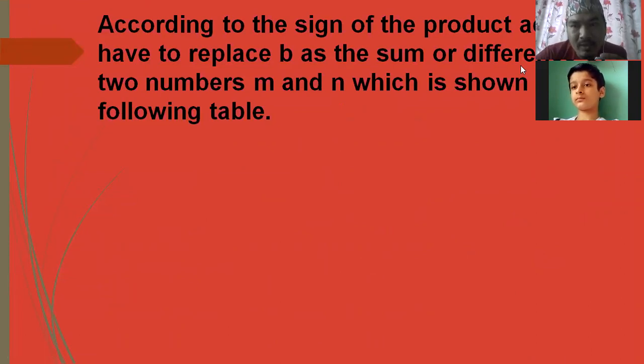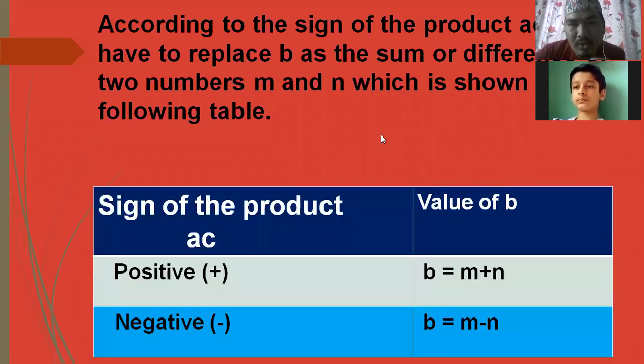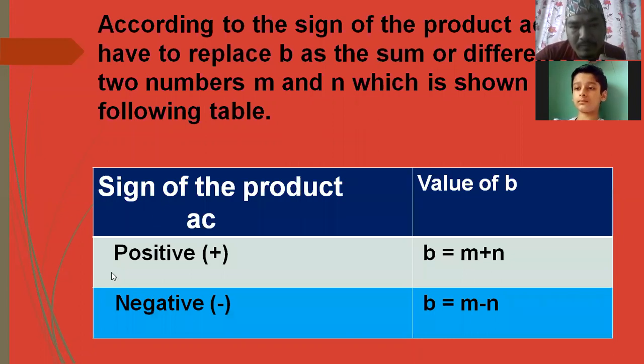Here, according to the sign of the product ac, I am going to show in this table. When you find the product of a and c positive, we find b, that means m plus n, by adding.